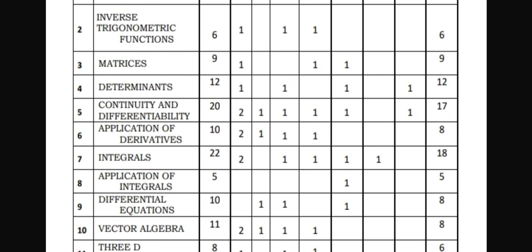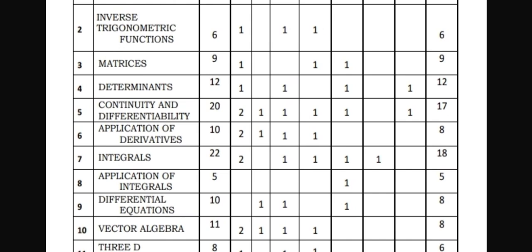There are two MCQ questions from the integral concept. These two questions are based on the property of the exponential function, the integral of the exponential property.